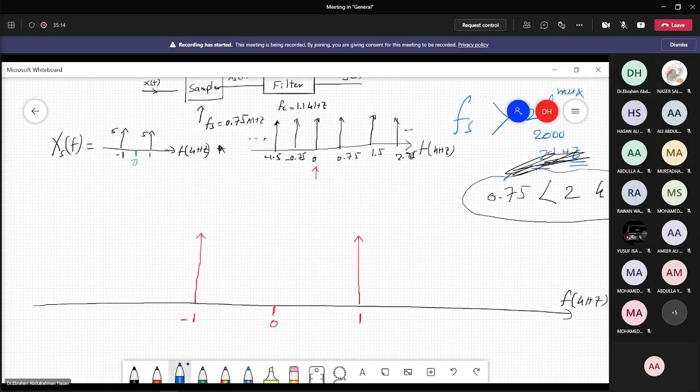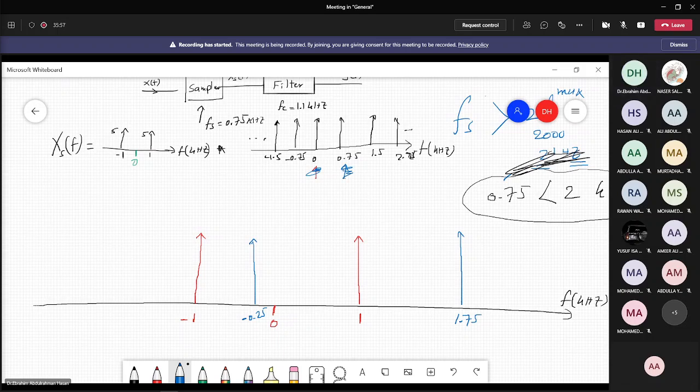Now, convolution with 0.75. We move this one to 0.75. So then here will be 1.75, so I will get 1 here at 1.75. And another one is minus 1 plus 0.75, which is minus 0.25, which is here.